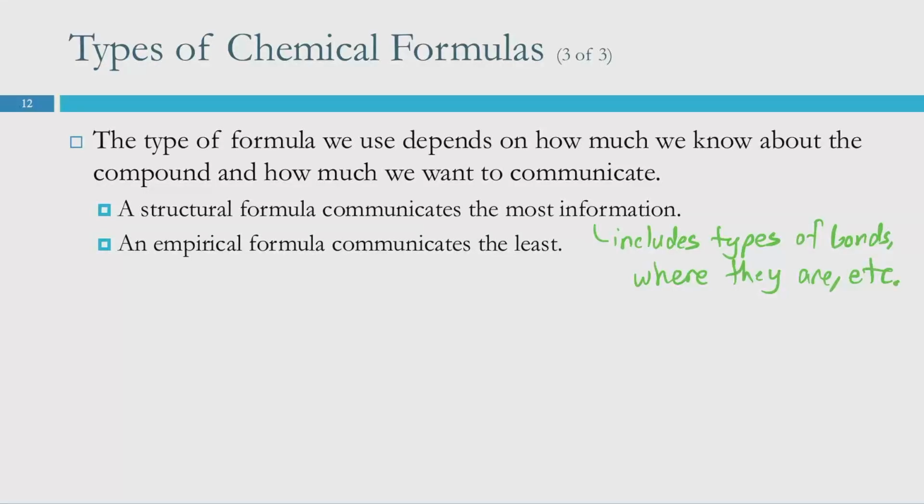You do need to be able to look at it and pull that information out, right? So we have to know what the lines mean. We have to know what the symbols mean.